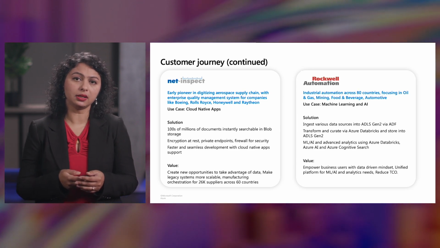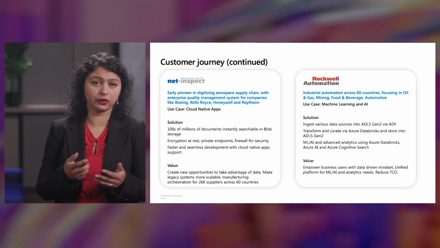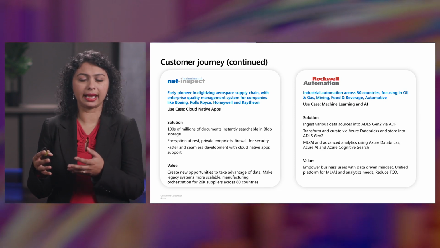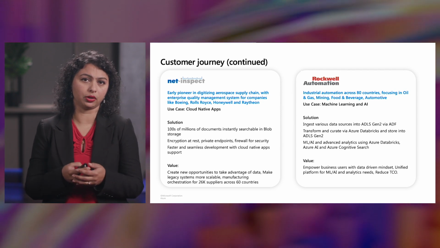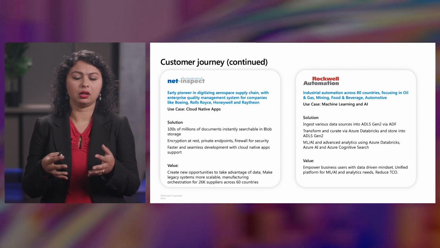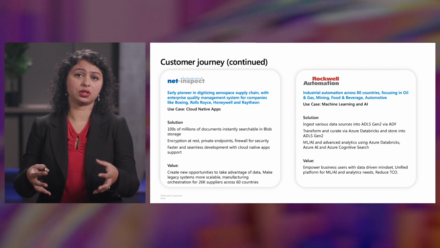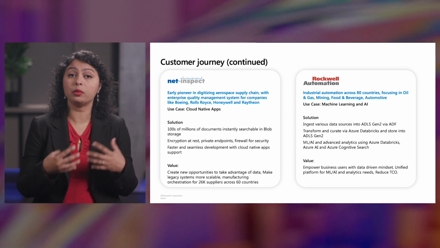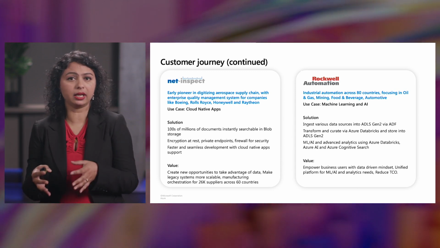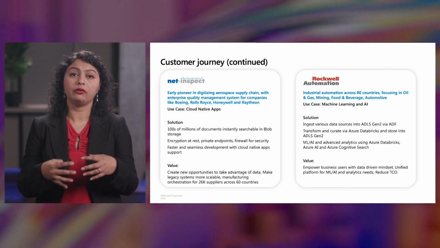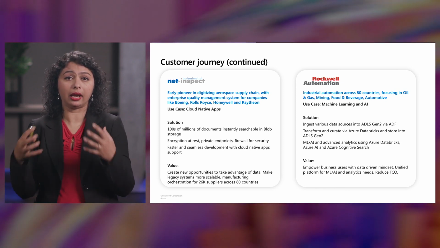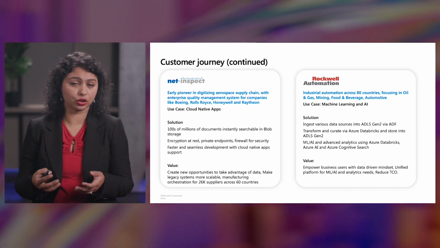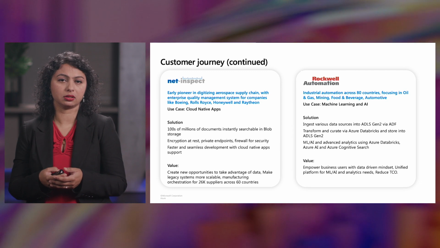Our fourth journey is one of machine learning and AI with Rockwell Automation. They focus in certain domains like oil and gas, mining, food and beverage, and automotive. So in this solution, data from multiple sources was ingested into ADLS Gen 2 via ADF, transformed and curated via Databricks, stored back into Gen 2, and then very rich ML and AI and advanced analytics workloads were run using Azure Databricks, Azure AI, and Azure Cognitive Search.